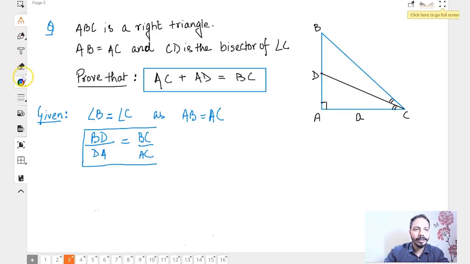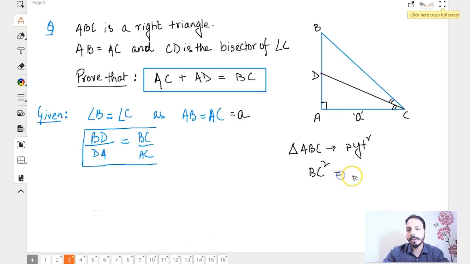Let me help you. Let's say this side AB and this side AC are of length A. If we apply Pythagoras in triangle ABC, we can say BC square is equal to AC square plus AB square, and since AC is equal to AB with length A, this is A square plus A square.